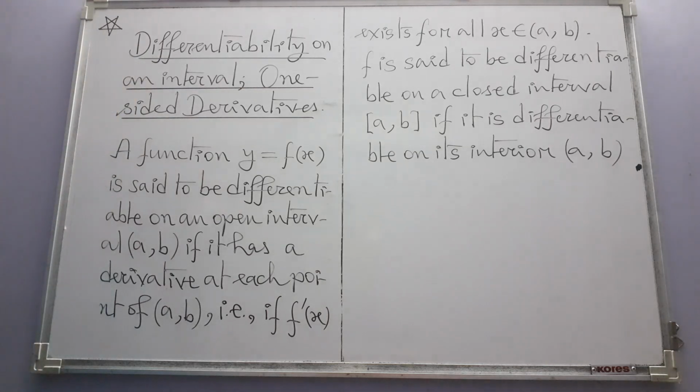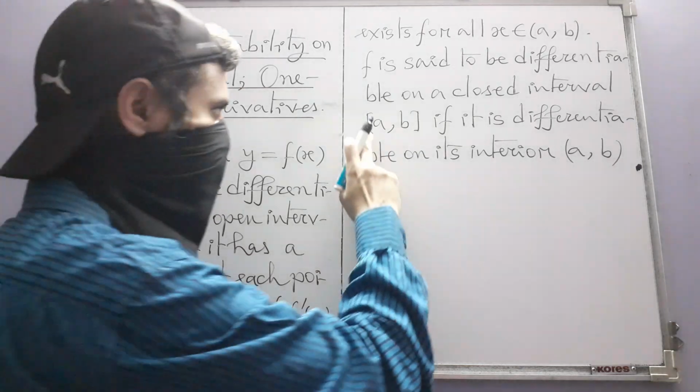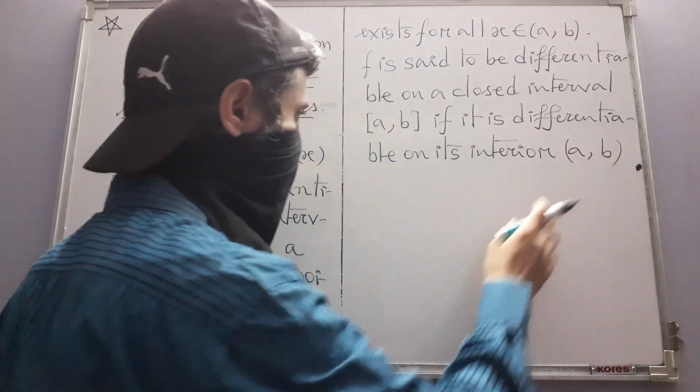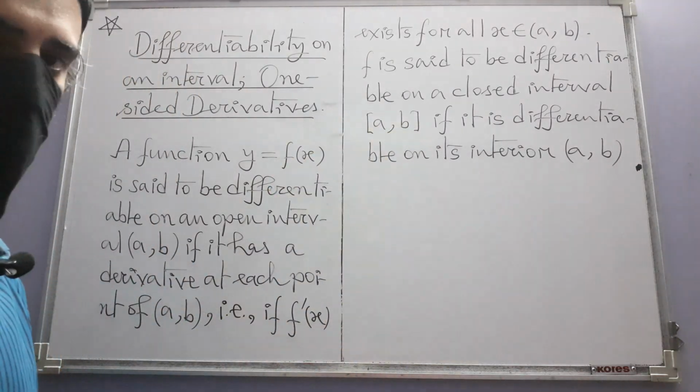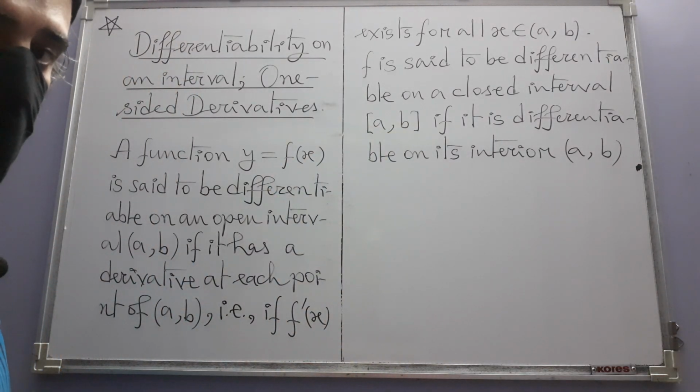We know that for a closed interval [a, b], this is the interval's interior, and these are the boundary points, which are also known as the interval's endpoints.